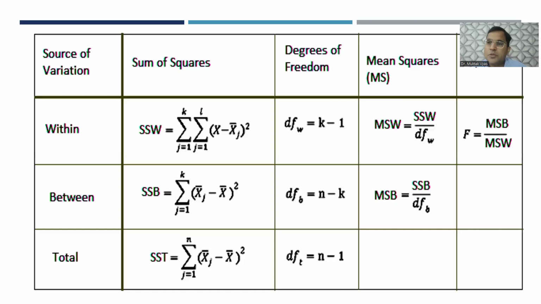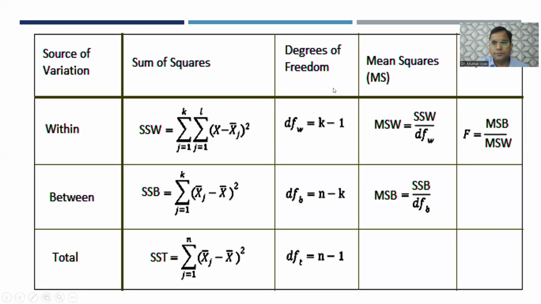F ratio is equal to mean square based on between sample variance upon mean square based on within sample variance. So this is the formula for ANOVA. ANOVA uses the F distribution. We do not have a separate formula for ANOVA. In ANOVA, we use F, and all these terminologies are used in ANOVA.